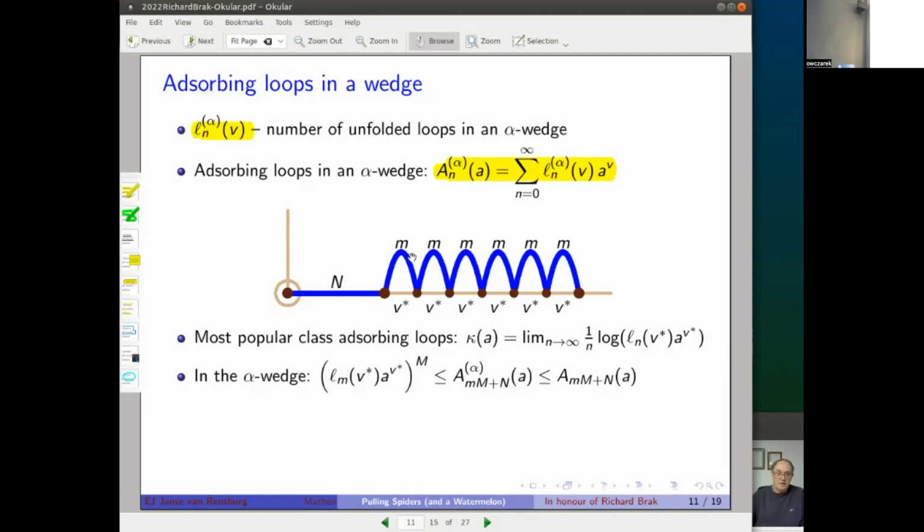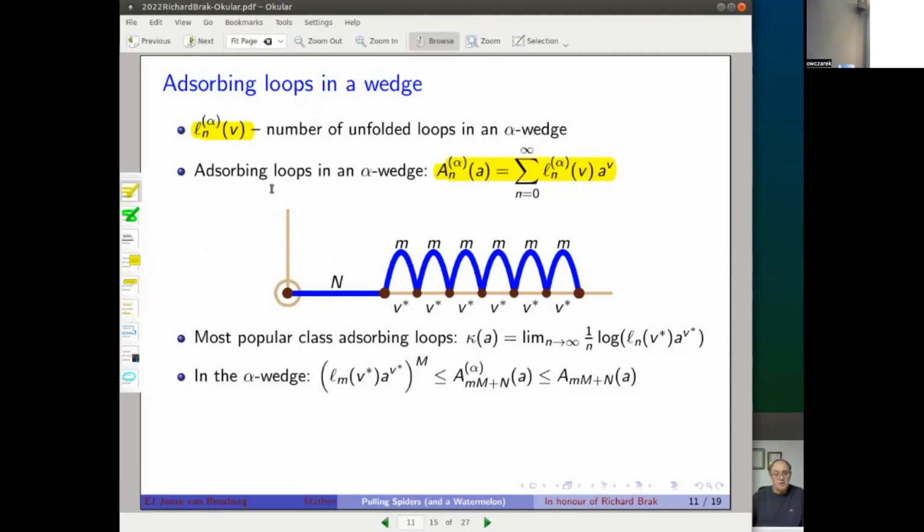So here I have a loop of length m inside the square lattice, or the cubic lattice, and its endpoints are on the xy plane. So its length is m, its endpoints are on the xy plane, and the number of visits is the most popular value of the number of visits, which I call V star.